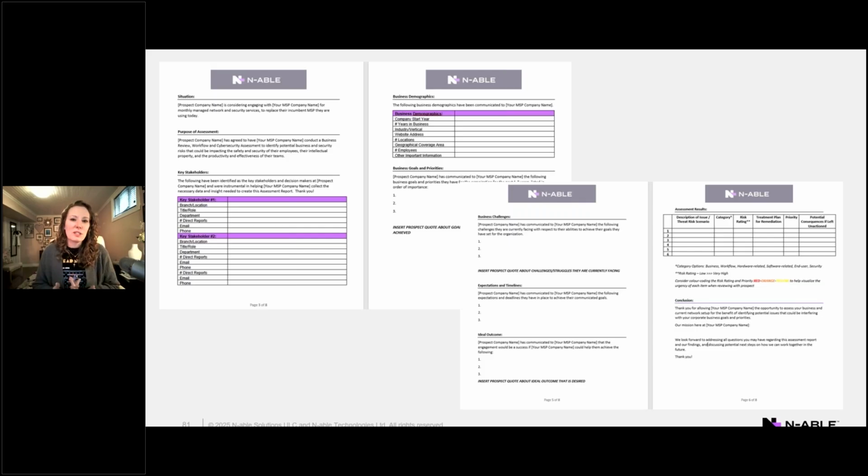That's not what your business owner prospect cares about. Yes, you do need to collect all that information so that you can do your assessment. But your business owner prospect only really cares about the findings and your recommendations. And that's what this report really focuses on.